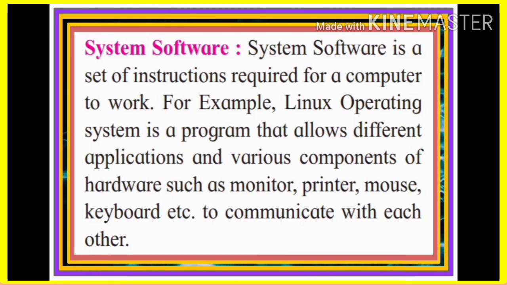The examples of system software are assemblers, editors, compilers, etc. So, system software works for the system, meaning the computer system. The system software controls the application software.